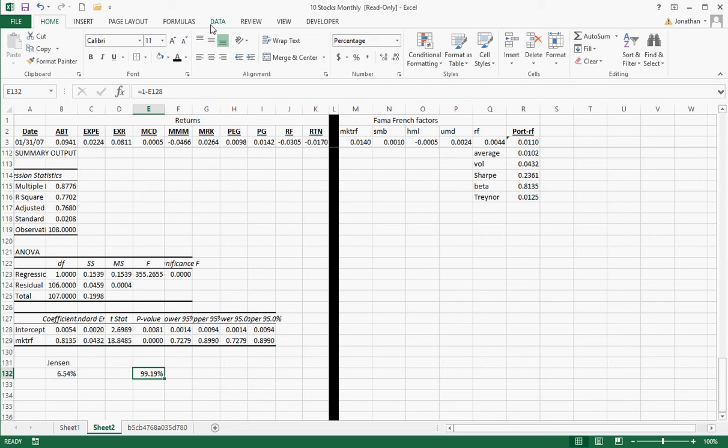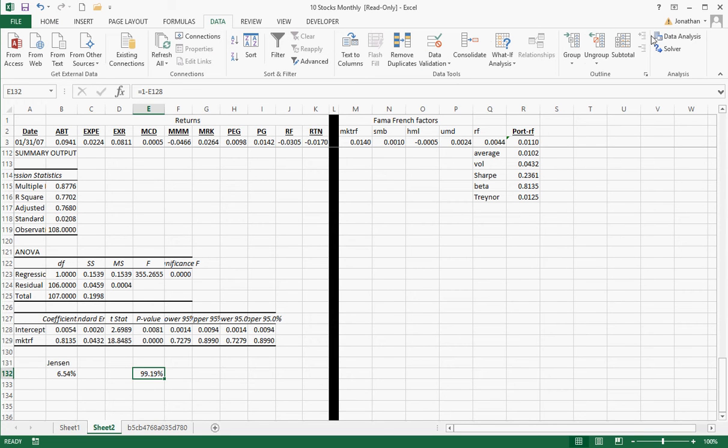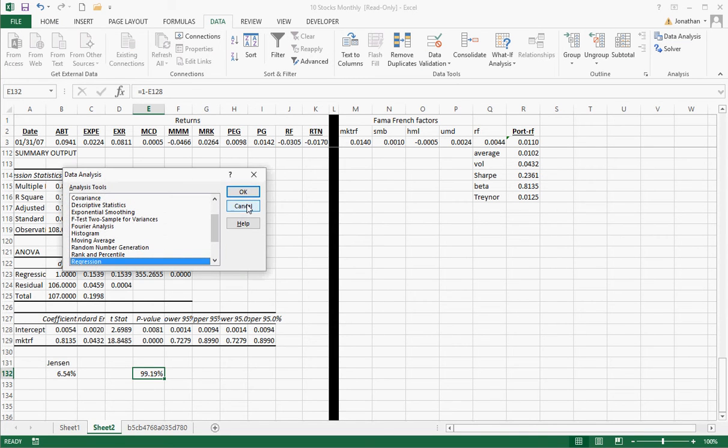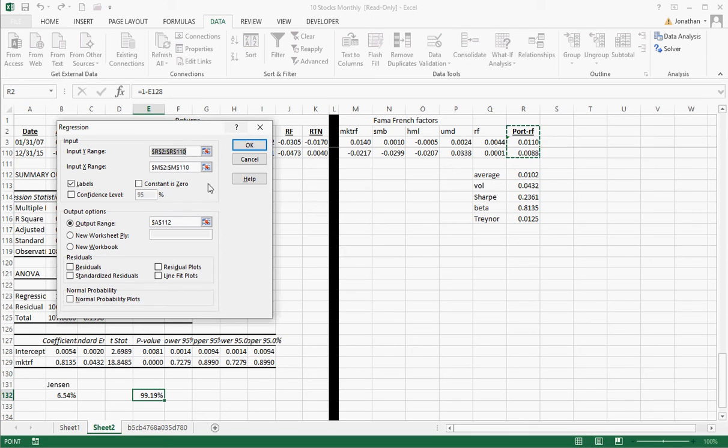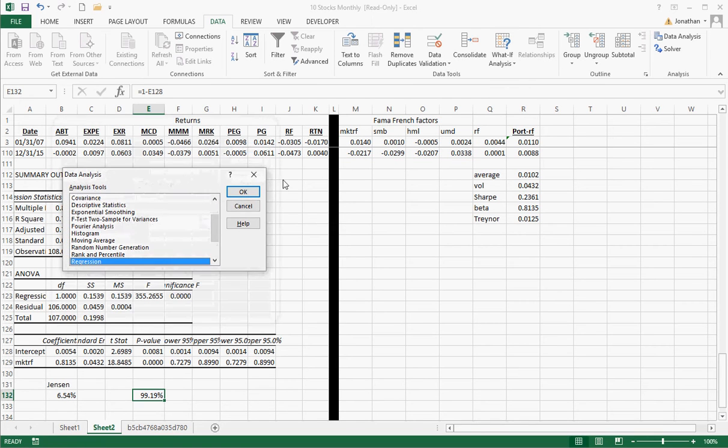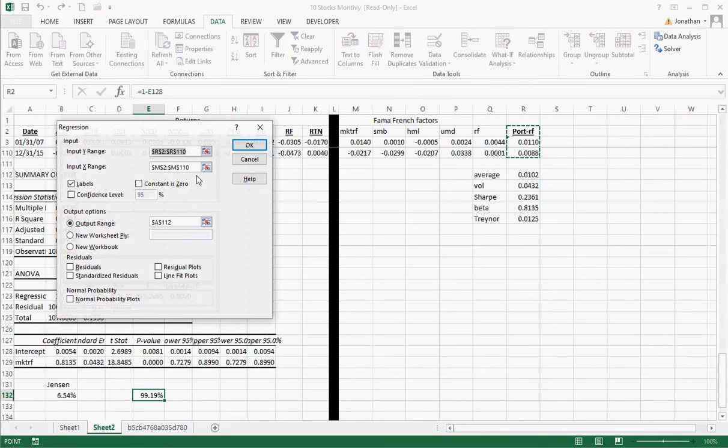What about the Fama-French alpha? We go back to data analysis, regression, and regression remembers what I had before. So I really just need to change my X range. The reason I have all of these together is because I need to have them all together. So let me do that again for you just so you can see what's going on.